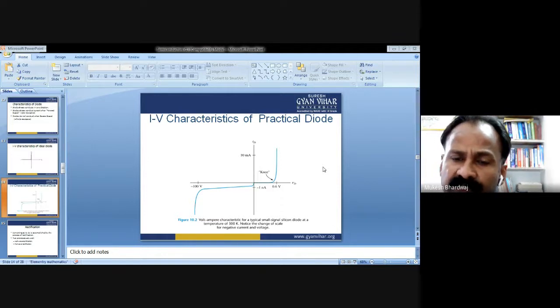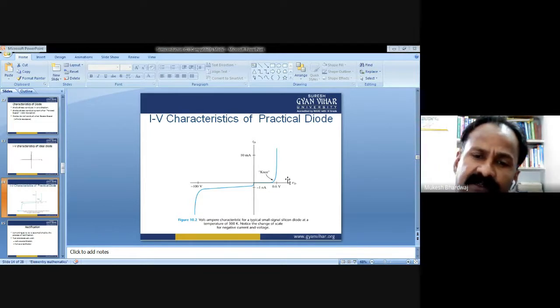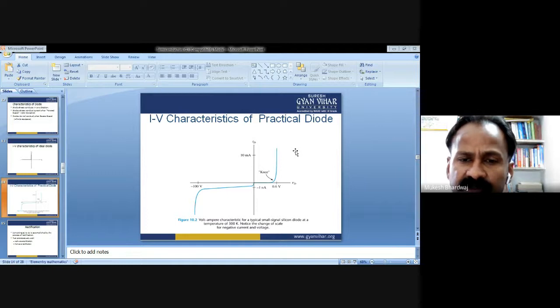Up to the cut-in voltage, the diode does not start conducting in the forward bias case, but after crossing the cut-in voltage, that is the depletion width, the current starts increasing exponentially and rises to its maximum as you increase the voltage.